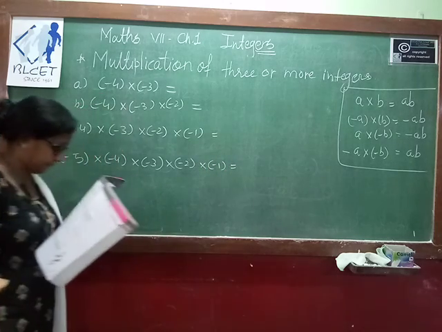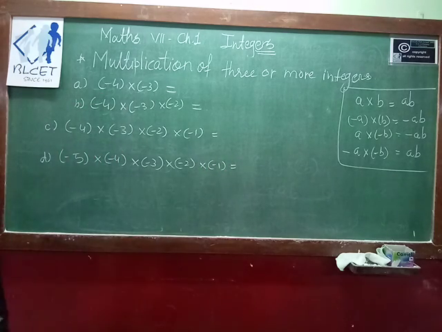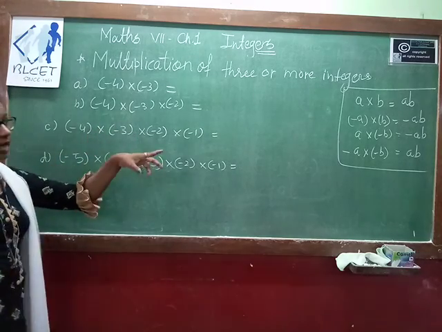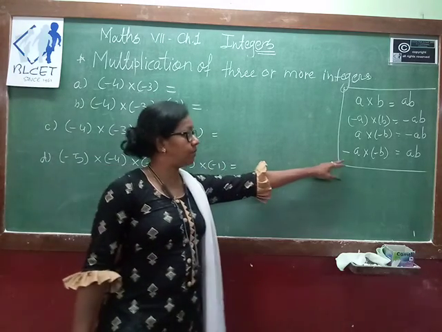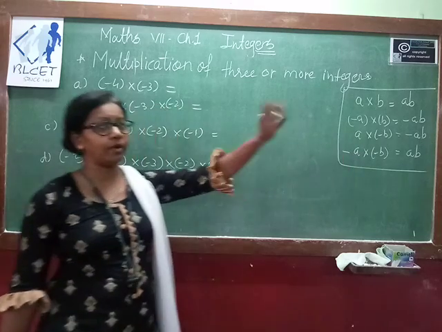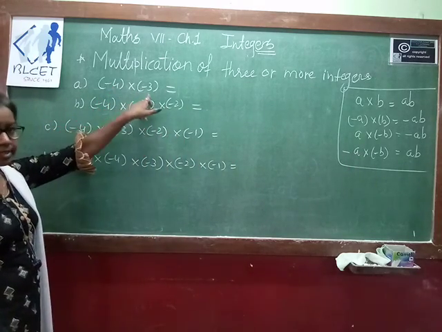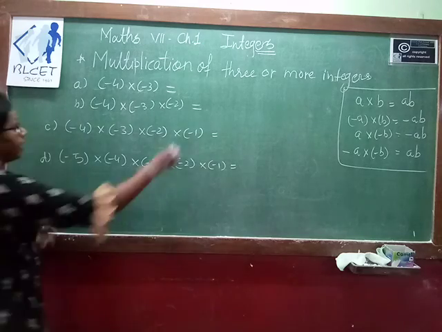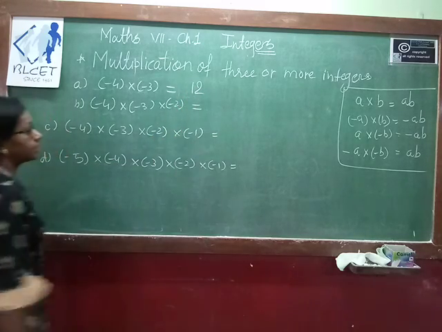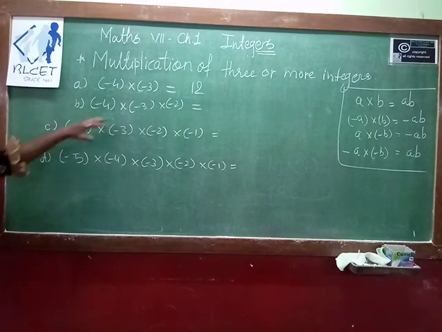Let's discuss this multiplication first. We have seen that if two integers are negative, your answer is always positive. So minus 4 into minus 3, both integers negative, the answer is positive 12. Now suppose you have three integers.